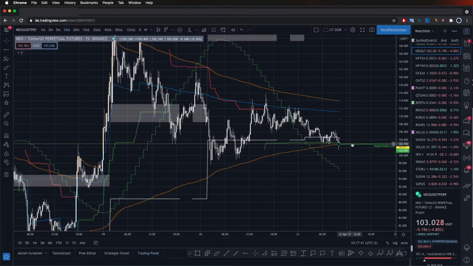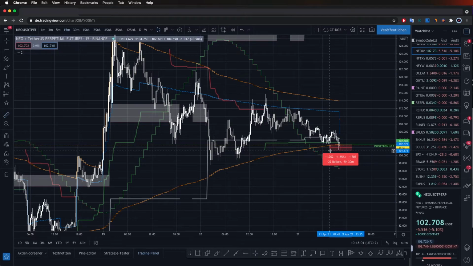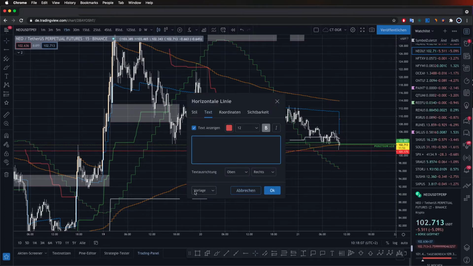I will not risk too much over here because it could be that it goes down again, since we just broke this bearish momentum. Let me see. Yeah, this would be too much for me, so I will risk just a little portion, like 16% of my trade. I will put a stop loss over there.